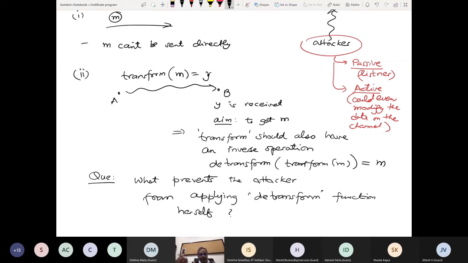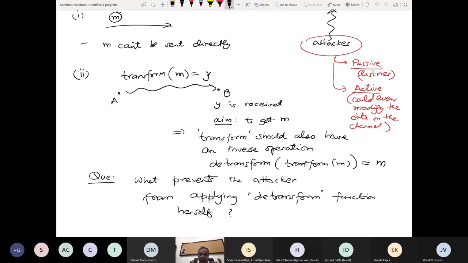You understand that A is sending some message which is not really the message now. You have modified it somehow, and this modified message is going on the wire. When B receives this modified value, his job is to get back the original message M. So he will apply some D transformation algorithm and get back the original message. So why can't this attacker also apply the D transform function on this data which is going on the wire?